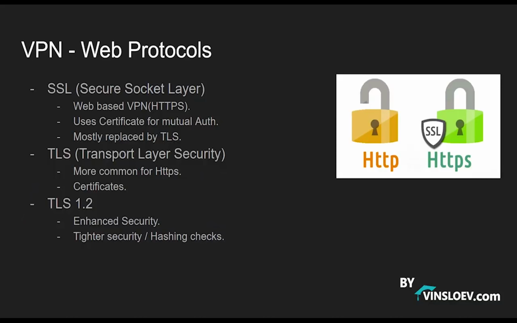So VPN stands for Virtual Private Network. There are several ways that a VPN can be established, and most of us actually have a VPN running whenever we are visiting a banking site or a grocery site, or for example Amazon.